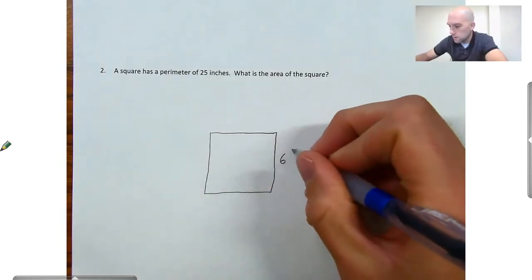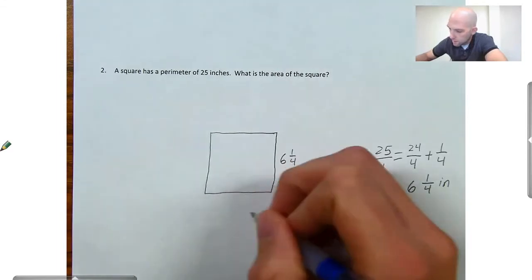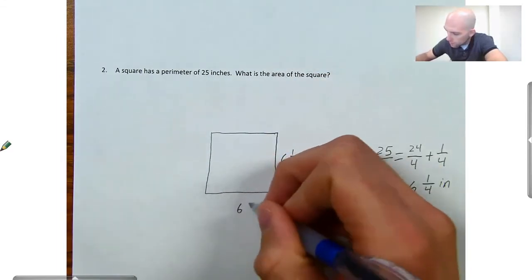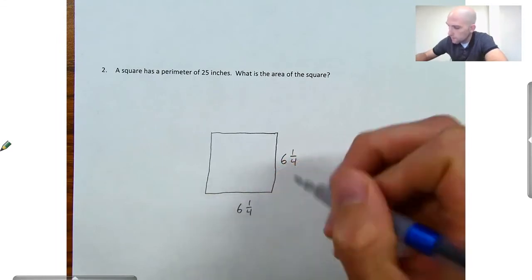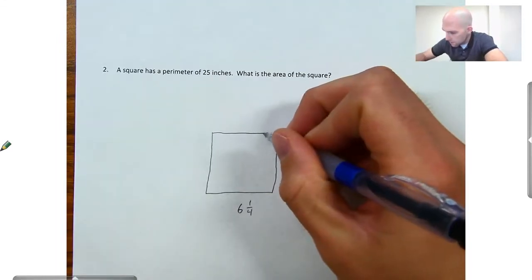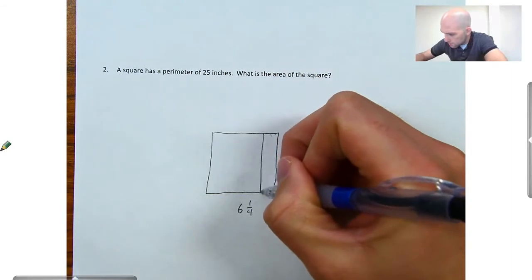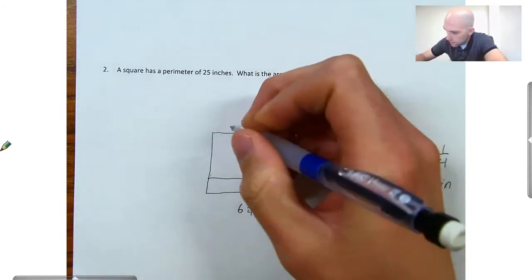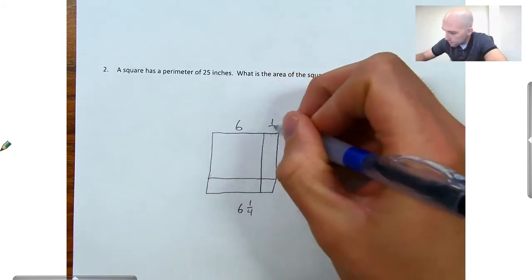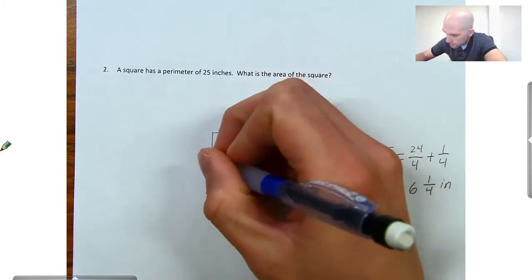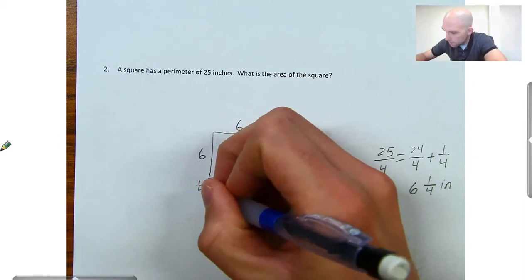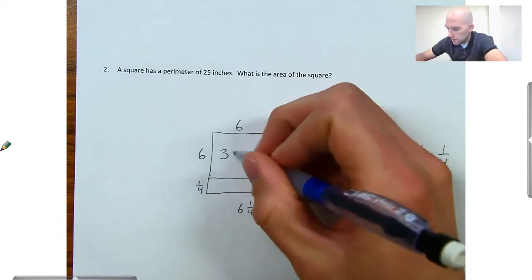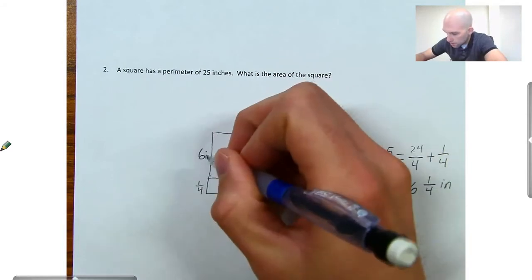So 6 1/4 by 6 1/4. And I'm going to use an area model like this. I have 6 1/4, 6 1/4. 6 times 6 is 36. And these are all inches.